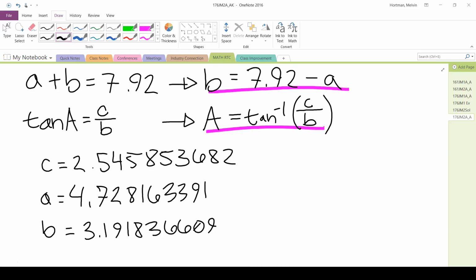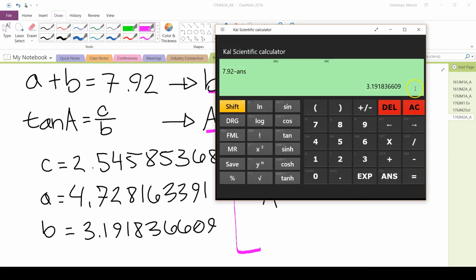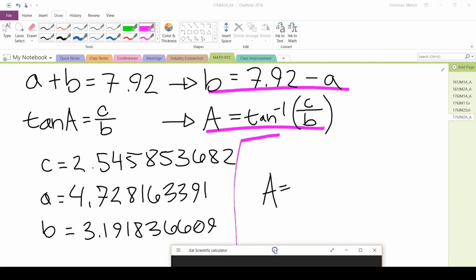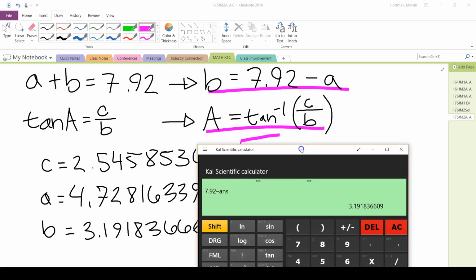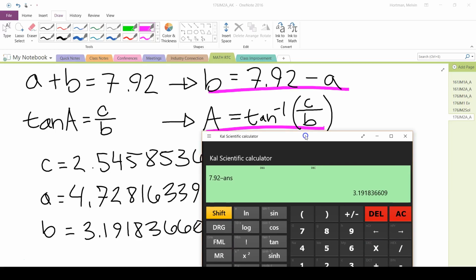Alright. Finally, we can do the inverse tangent of C over B. So let's do this one. I'll make a spot for A. There we go. The big cheese, the big answer. It's going to go right here. So C over B. I already got B queued up, so maybe I can use this.